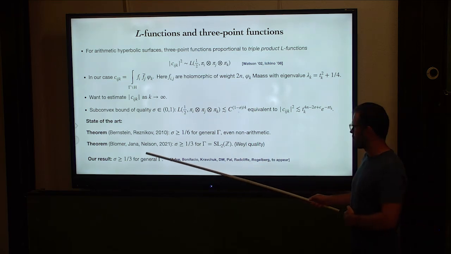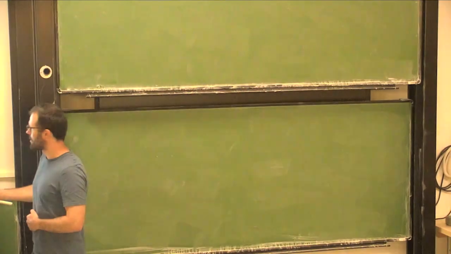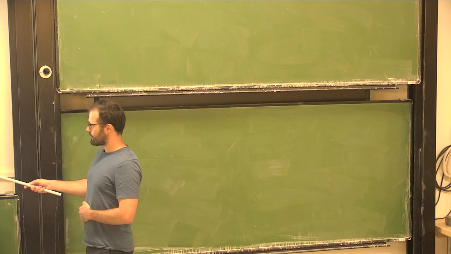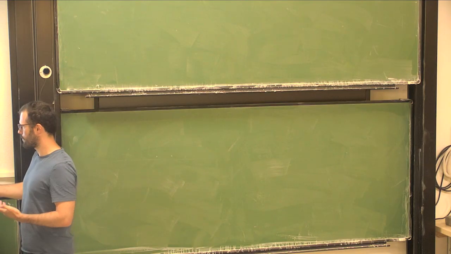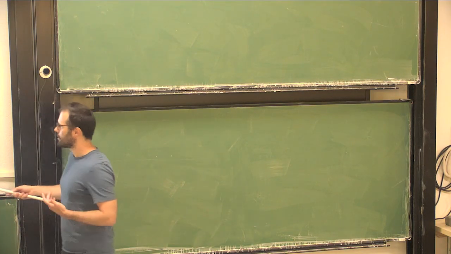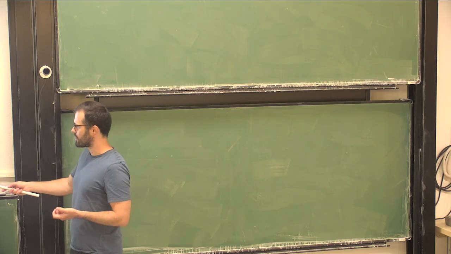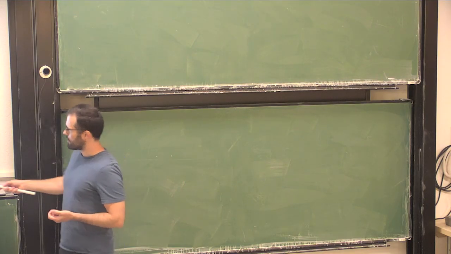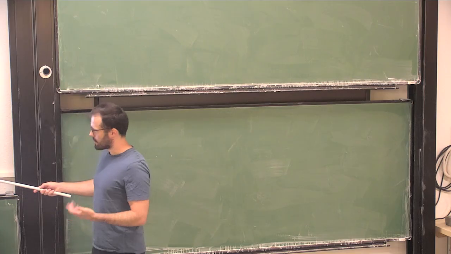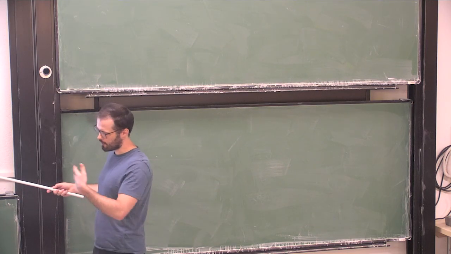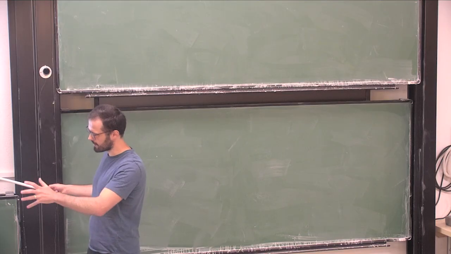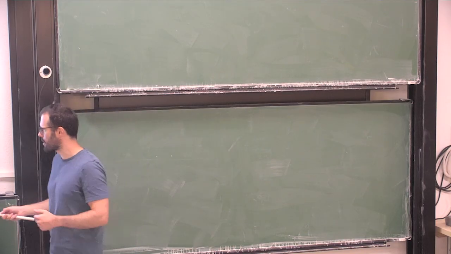And then in 2021, Blomer, Jana, and Nelson improved this Bernstein-Reznikov result to basically twice as good, σ being at least 1/3, but only for a very special Γ, so for SL2(Z). And this value 1/3 is a rather critical threshold, usually called the Weyl bound. Weyl was the first one who gave a sketch of an argument for the Riemann zeta function.